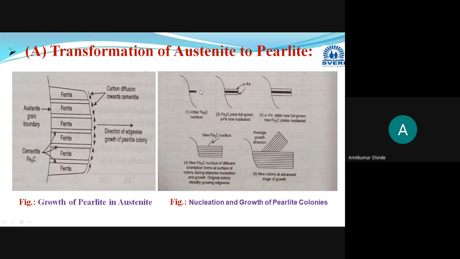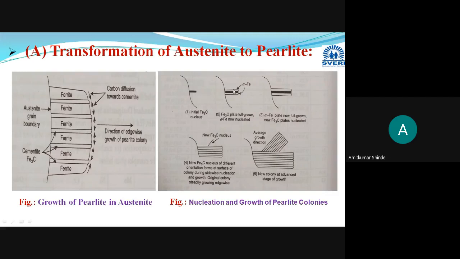On the adjacent side of this growing cementite, a carbon deficient region will be formed, and due to the deficiency of the carbon, this remaining portion will get transformed to ferrite.